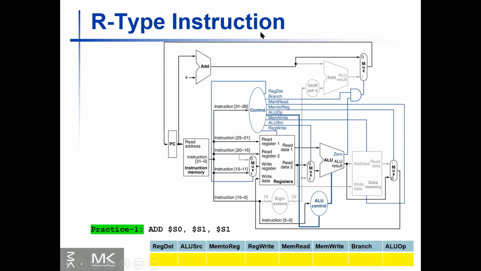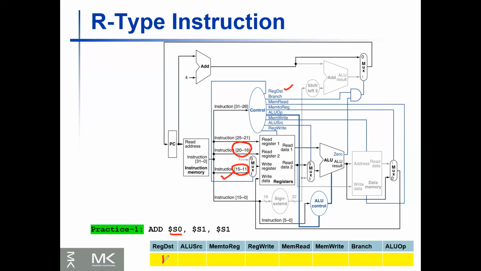There is a register destination, exactly, because we have to write S0. Now it should be 0 or 1. Are we going to use these bits to choose the destination register, or this one? Which one? One. Exactly, so 1. So what should be the register destination value? Should it be 1 or not? Yes, 1. Very good. So you got it.